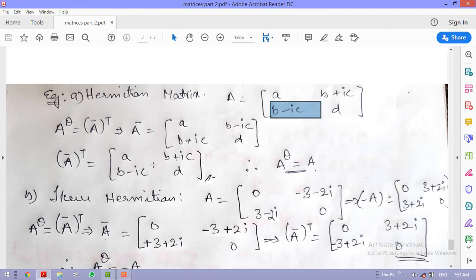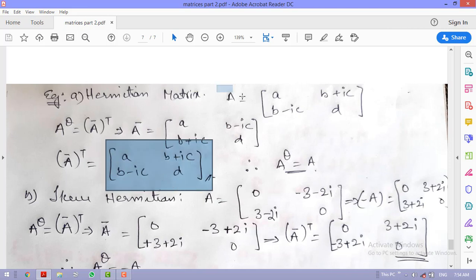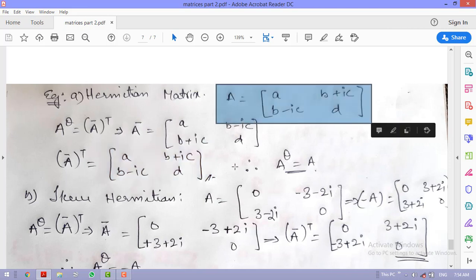Then the transpose, as you can see over here, I changed this column into this row and this column to the second row. So you can see that A conjugate whole transpose is the same as the matrix A. So here A is equal to A power theta. So this is a Hermitian matrix.